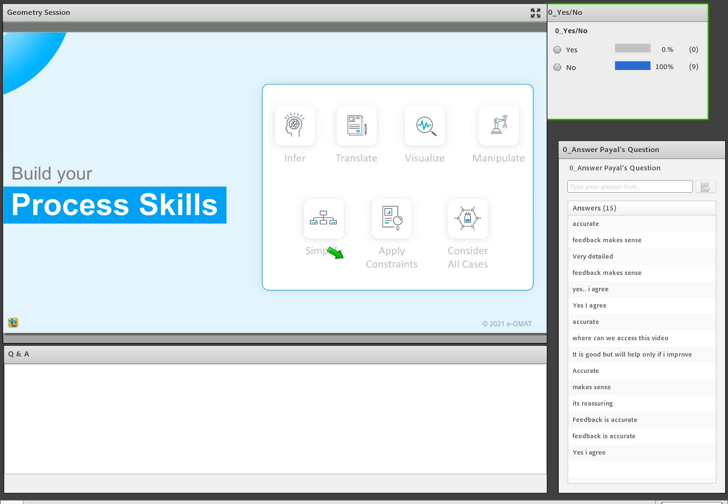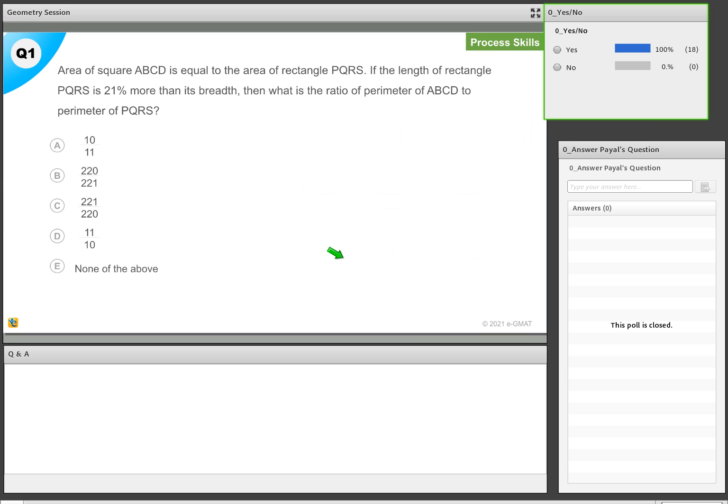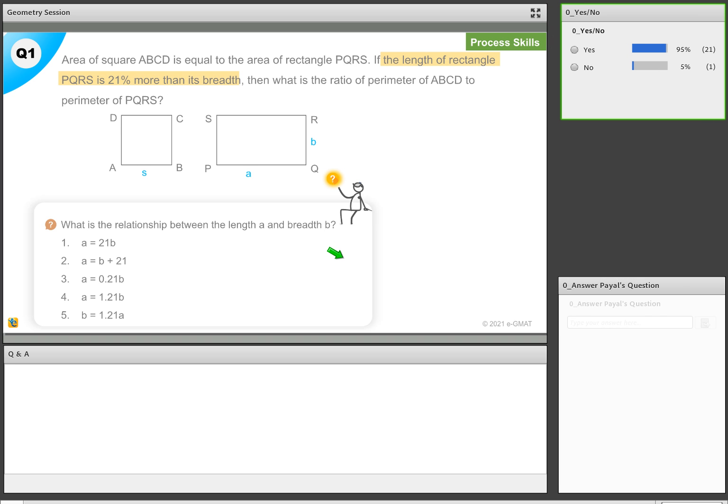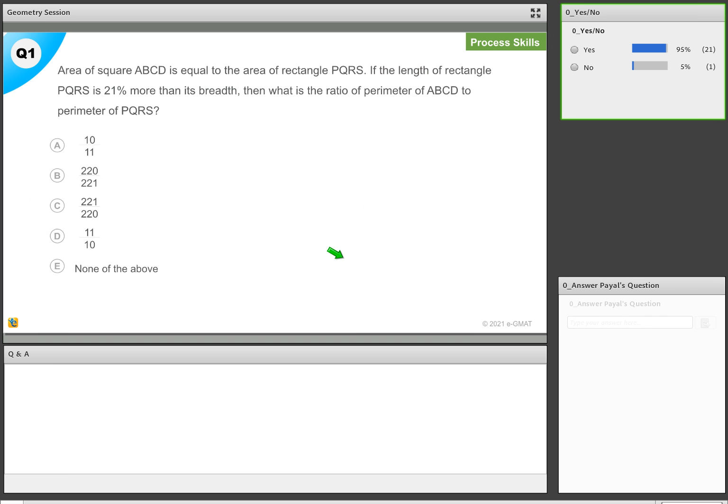Now, with this understanding, we are now going to start building your process skills. Are you all ready for it? Yes, no? Okay, now I'm going to give you these questions, one question at a time this time around, and I want you to solve each question. And let's get the poll here as well.